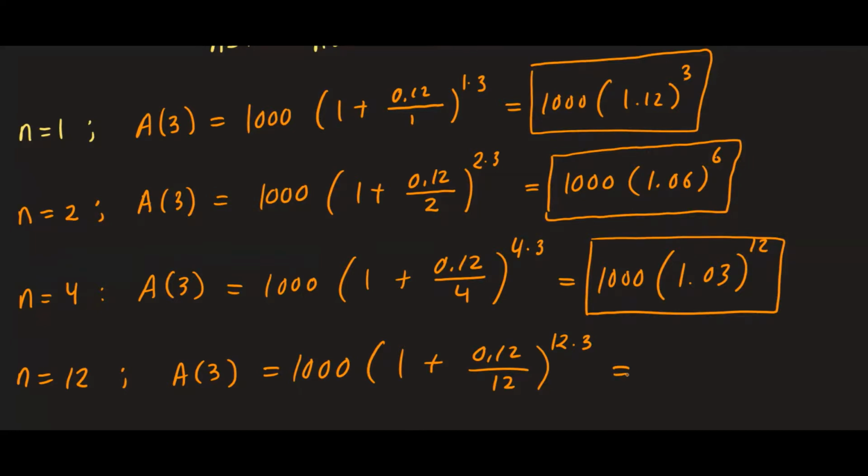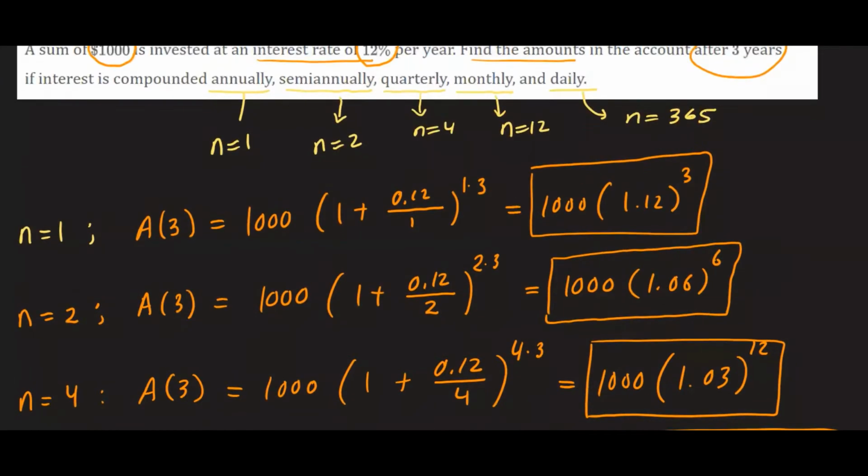That's about 0.01. And then plus 1 to it. So we have 1,000 times 1.01 to the power 36, because 12 times 3. And that will be the amount after 3 years if we invested using n equals 12.